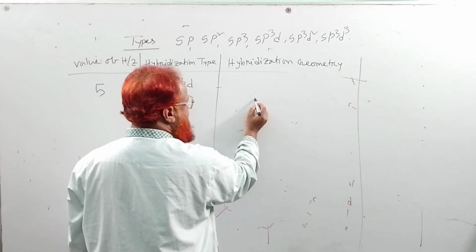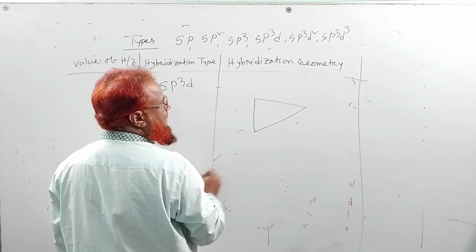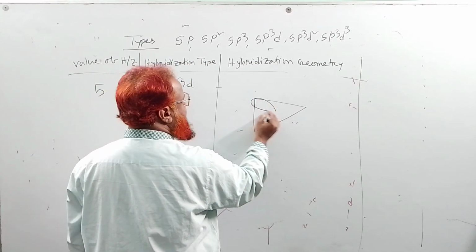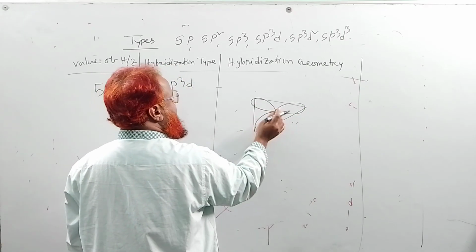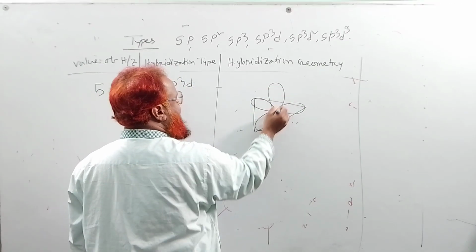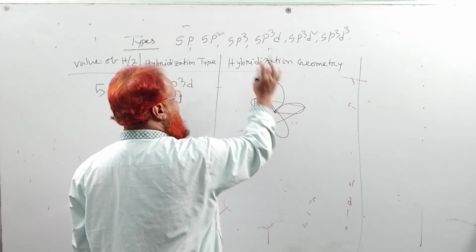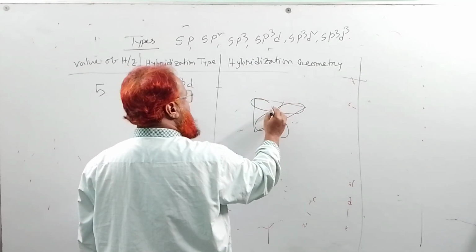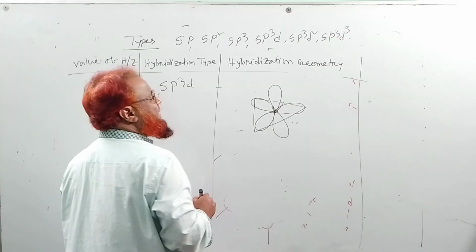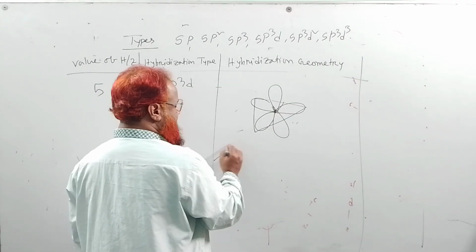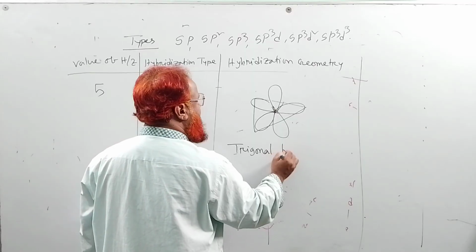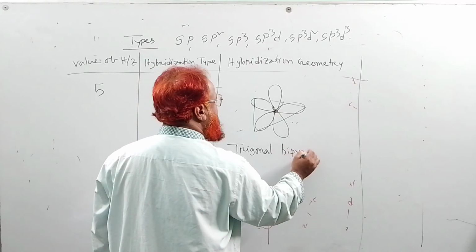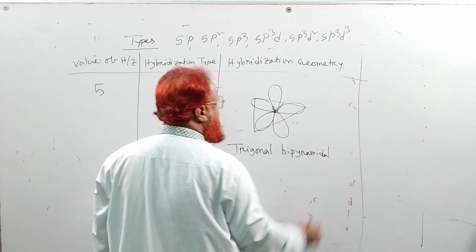Trigonal. Try to understand this trigonal shape. So, in a trigonal shape, 1, then 2 and then what? 3. So, the left 2 will be like this, like this. So, trigonal bipyramidal. And what will be the bond angle?